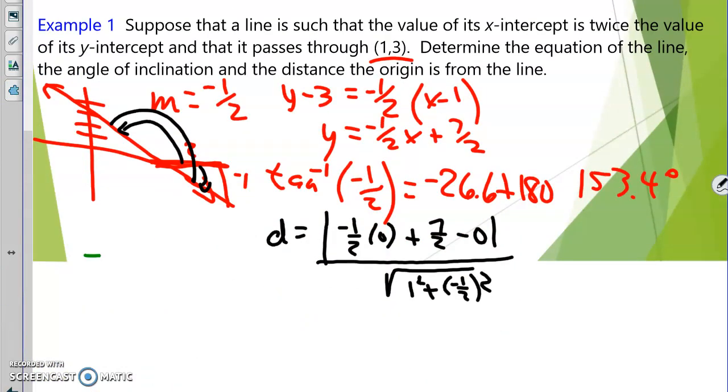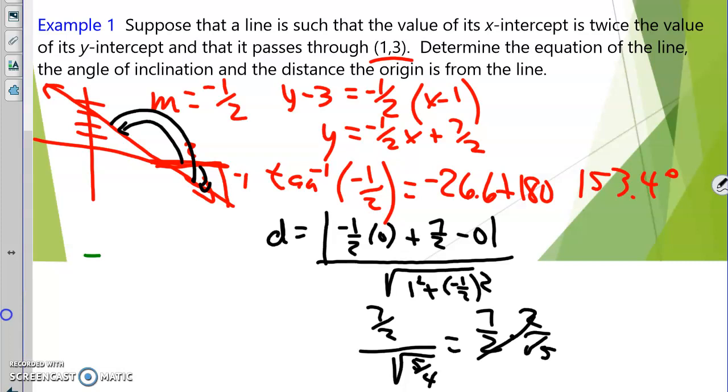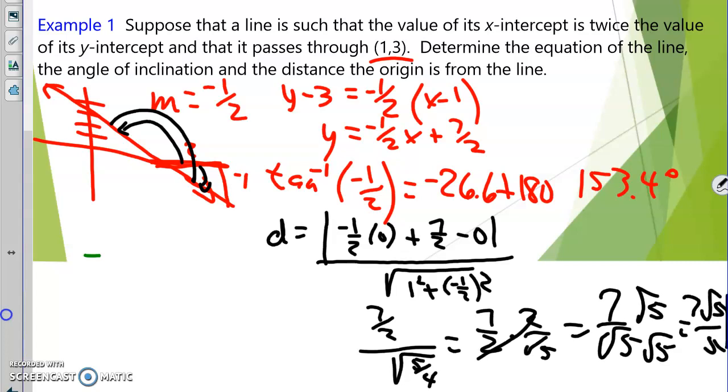If I do a little bit of simplifying, it looks like I get 7/2 divided by the square root of 5/4, which is the same as 7/2 times the square root of 4, which is 2, over the square root of 5. Looks like I get 7 over the square root of 5. Rationalize, of course, so that would be your distance.